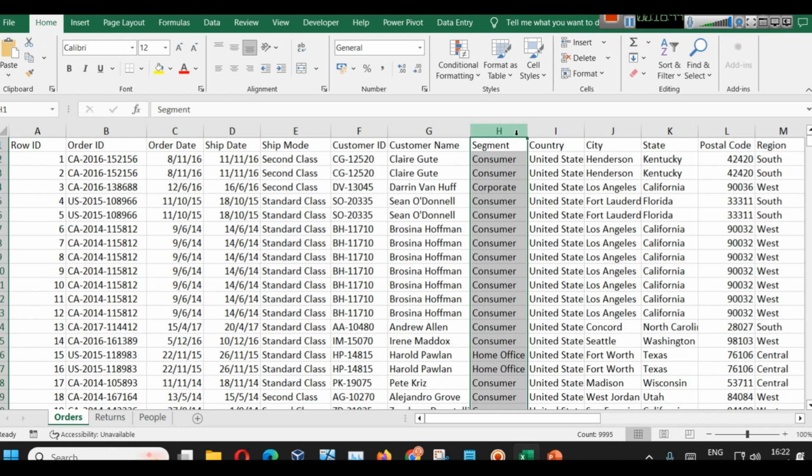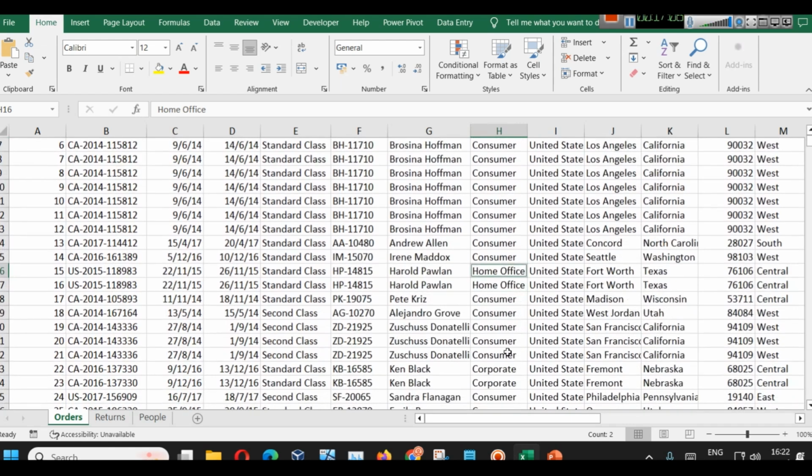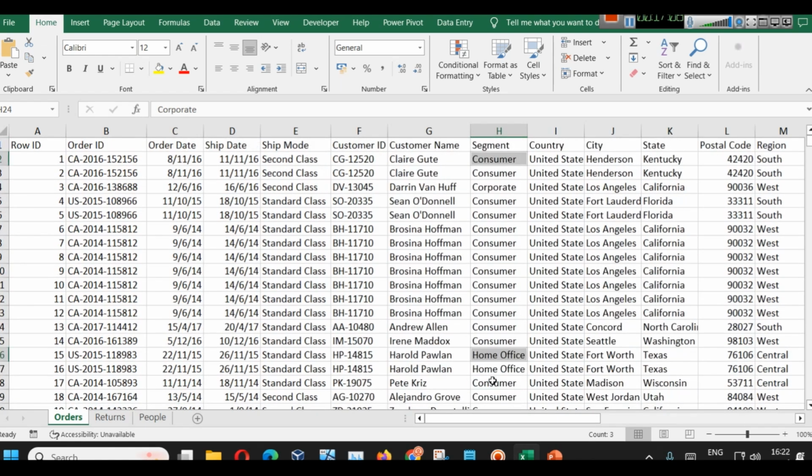When we have a categorical field, we always have to do aggregation in order to find out the distribution of data. For example, if I ask you which one is more important for us, consumer segment, home office, or corporate, like which one has given us more profit, what will you do?